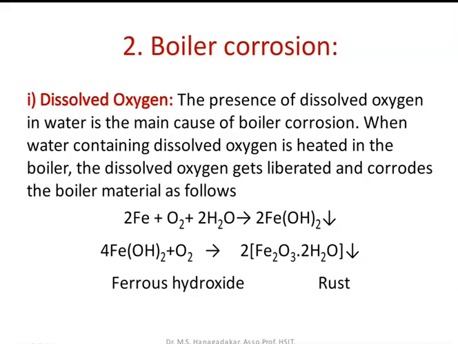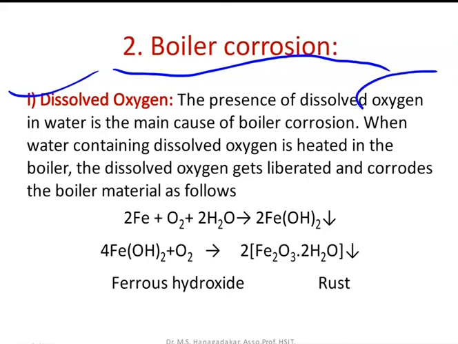Let us discuss boiler corrosion in detail by taking the first impurity, the dissolved oxygen. My dear students, oxygen is known to everyone. It is a precious compound for the survival of all living organisms and animals, including plants also.